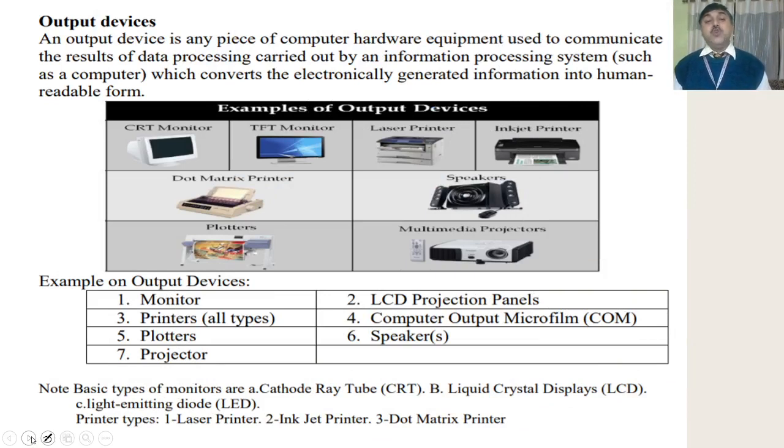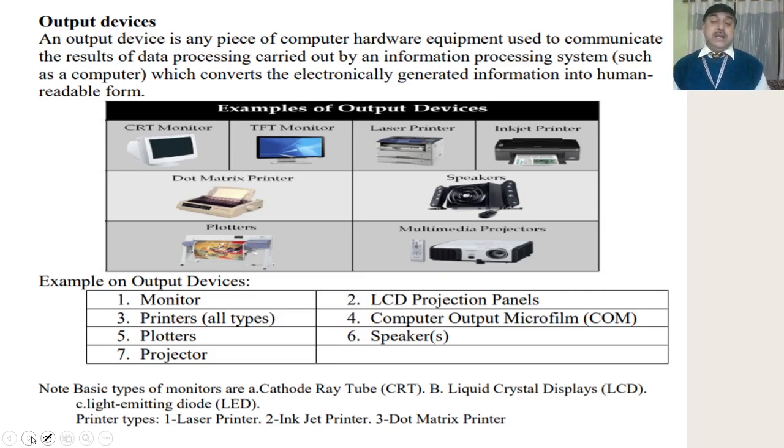Next, what is an output device? An output device is one through which we can get the output. Different output devices are available, like CRT monitor, TFT monitor, laser printer, inkjet printer, dot matrix printer, speaker, plotter, and multimedia projector.